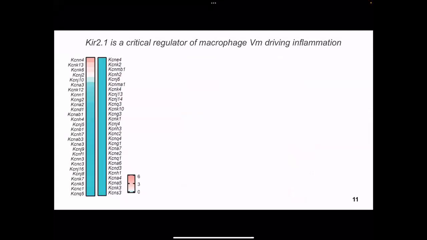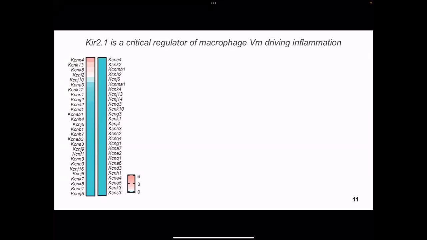So next, although these data indicate a critical role of the membrane potential in macrophages, we need to identify a physiological modulator controlling this membrane potential dependent regulation of inflammatory macrophages. Given the key roles of potassium conductance in governing the resting membrane potential, we compared the expression of 54 potassium channel genes in BMDMs using RNA-seq, and we found several highly expressed potassium channels.